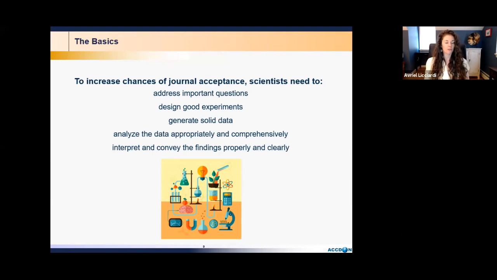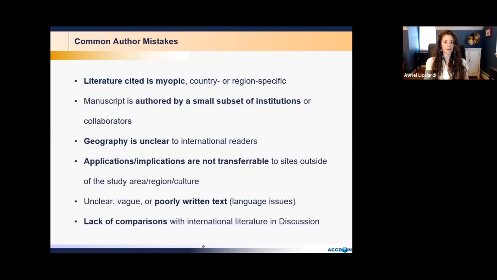So before we move forward to our specific guide, I do want to highlight again those common author mistakes that once a manuscript lands on a journal editor's desk, these are the points that may make them second guess that your work deserves to be published in that journal, or that they may actually turn your paper around to you without peer review because of the following mistakes.